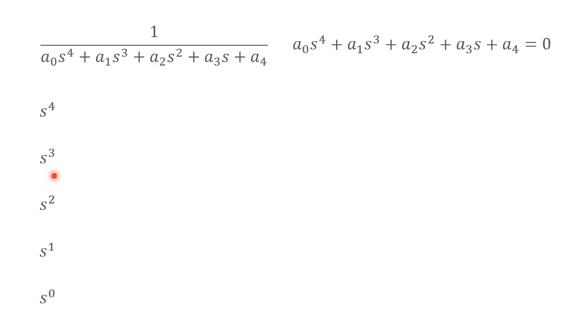And now here we are going to see the coefficients. Only coefficients matter. Like coefficients, we are going to have a0, a1, a2, a3, and a4.